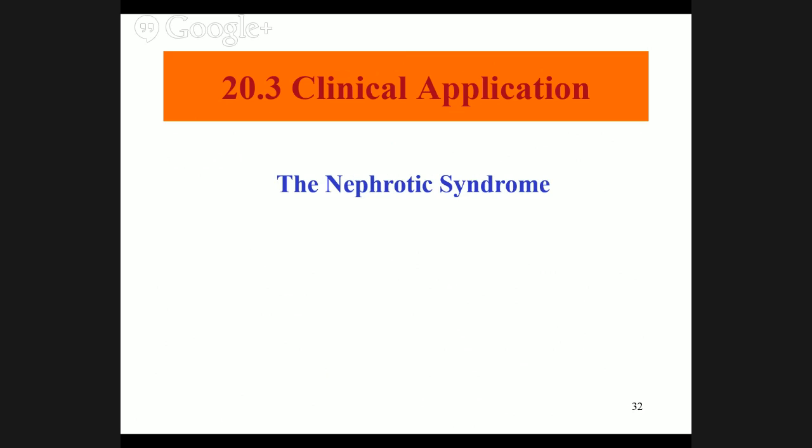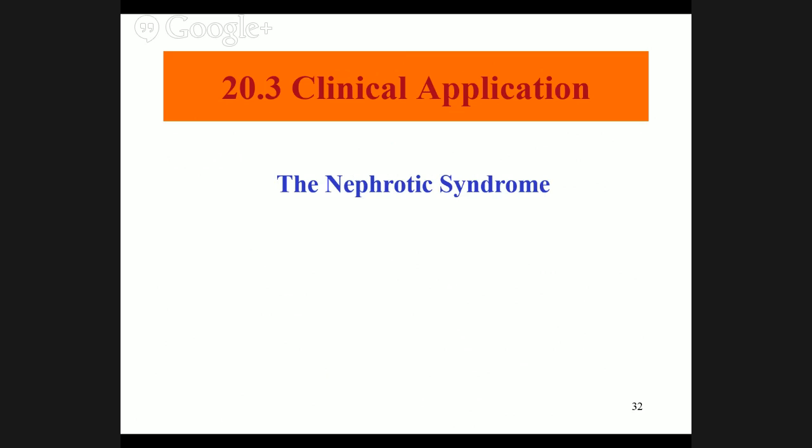And then you could have that happening in the body spaces such as the abdominal cavity, that's called ascites, pleural cavity, pericardial cavity, and joint cavity. So when this edema happens, the blood volume decreases and blood pressure drops.